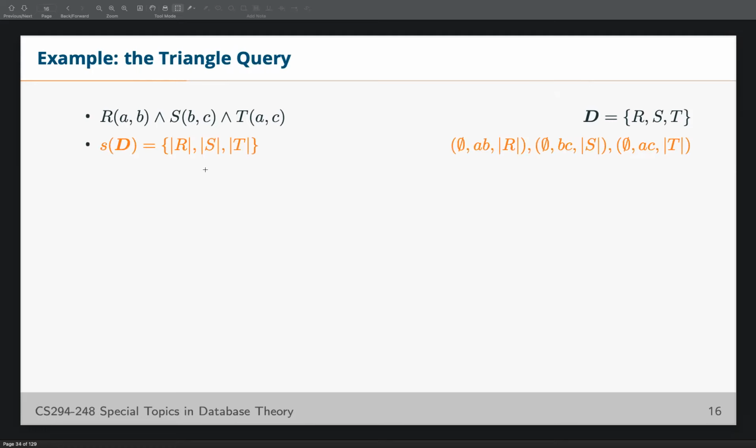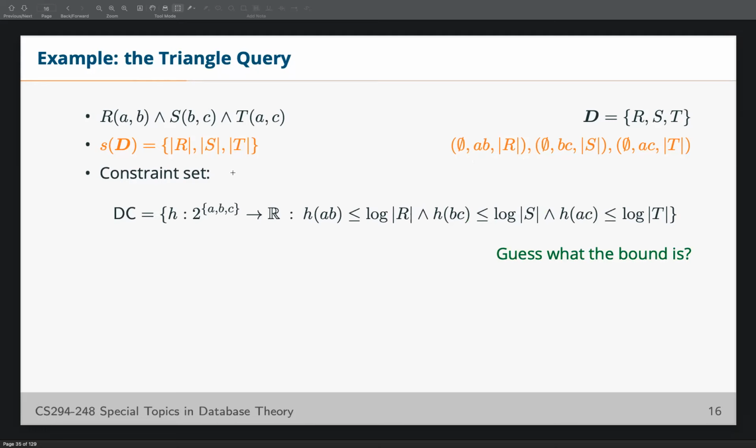Let's say we have three statistics for this triangle query: the number of rows in R, the number of rows in S, and the number of rows in T. In this case, the corresponding degree constraints are: given nothing, the number of different AB is R; given nothing, the number of different BC is S; and similarly for T. So those are the corresponding degree constraints.